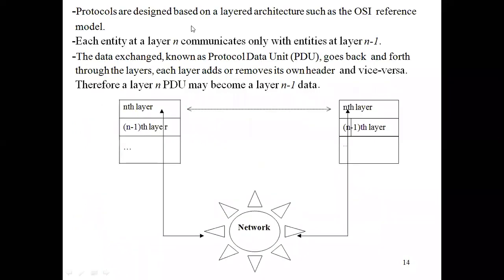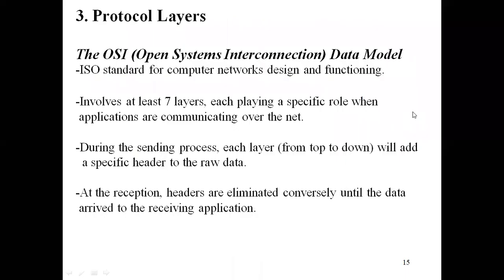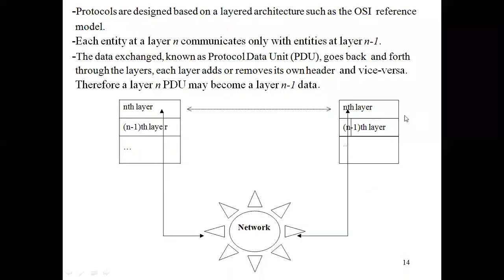Now, protocols are designed based on a layered architecture such as the OSI reference model. You know the specifics of OSI models. Why has it been designed? It is used to identify the number of hosts and their working. Whatever layers are used in the OSI model, each and every layer has its own importance.